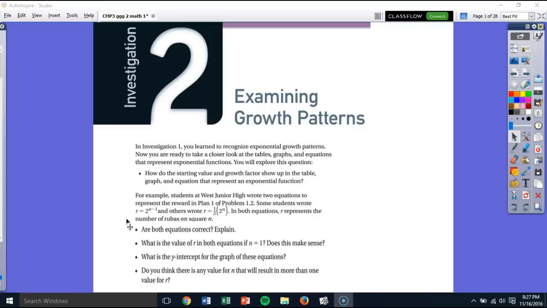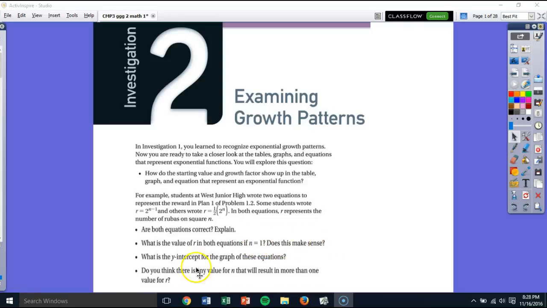So I want you to, after I go through these questions, pause the video and be able to answer all of these before proceeding. First, are both equations correct? If so, explain. If not, explain as well. And then what is the value of r in both equations if n equals 1? Once you've calculated that, does this make sense?